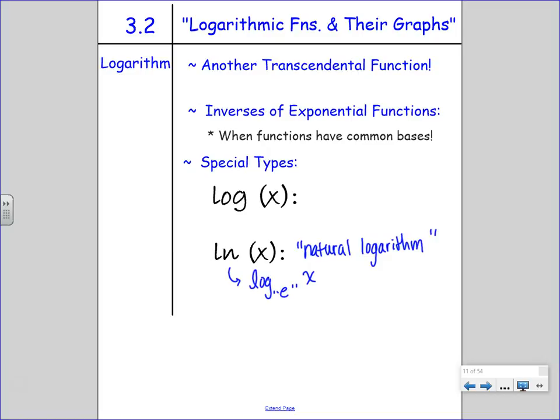Common is the common log. And shorten logarithm to be log. The common log. Does anybody know what the common log has as its base? 10. Yes. Why would a common log have a base of 10? Or why would a log with a base of 10 be called a common log?